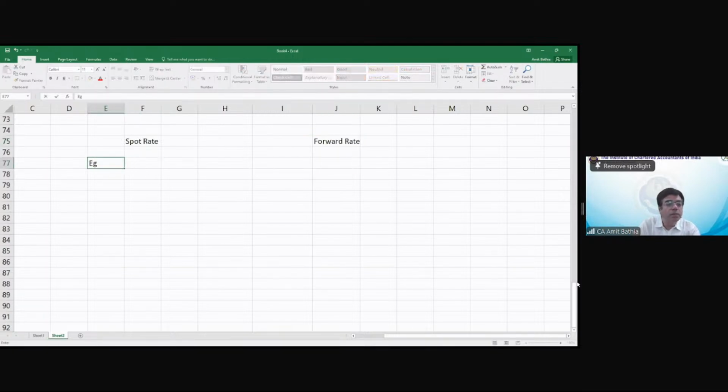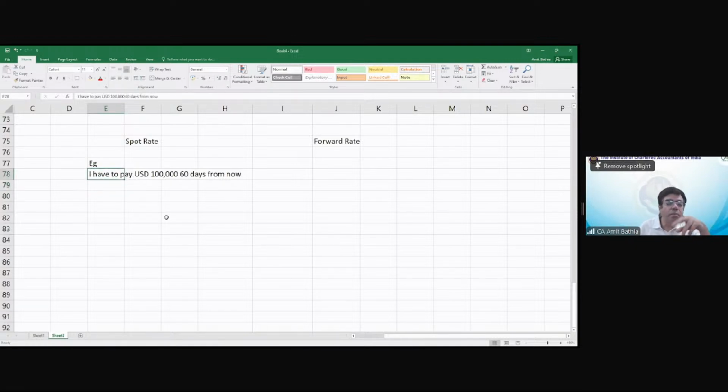Let's take an example. I have to pay USD 100,000 two months from now, or let me express it as days, because generally these are expressed in days. Say I have to pay USD 100,000 to somebody 60 days from now.